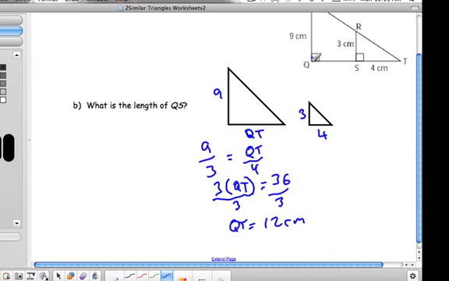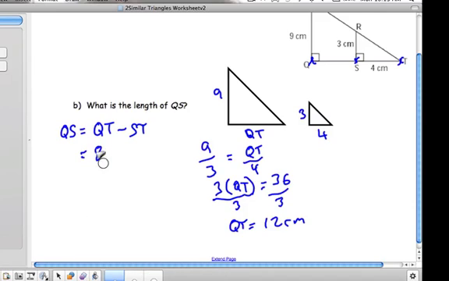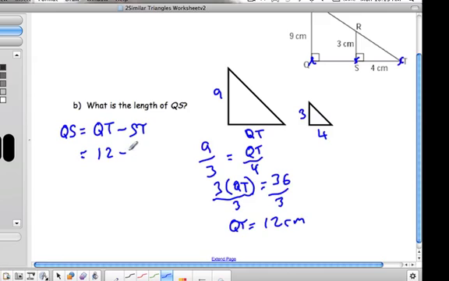So if the distance from here to here is 12 centimeters, and the distance from here to here is 4 centimeters, side ST, then QS is equal to QT minus ST, which is 12 minus 4, which is 8.